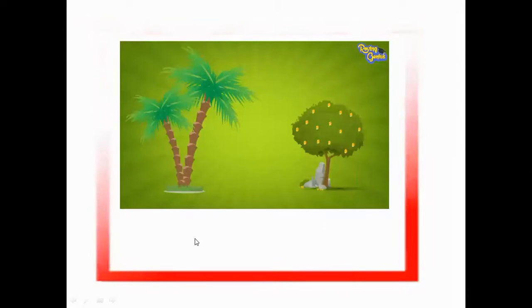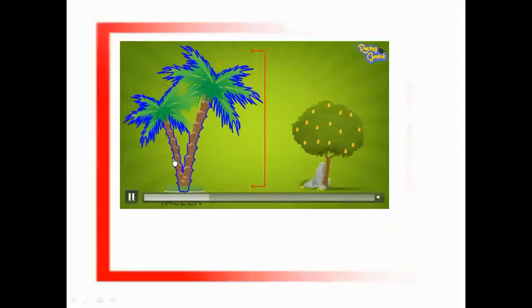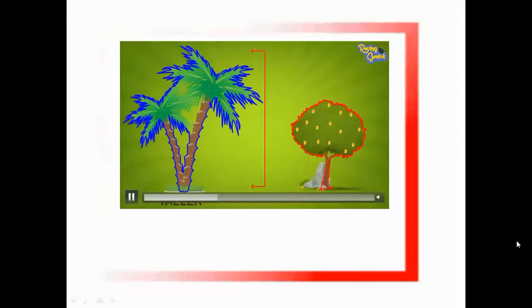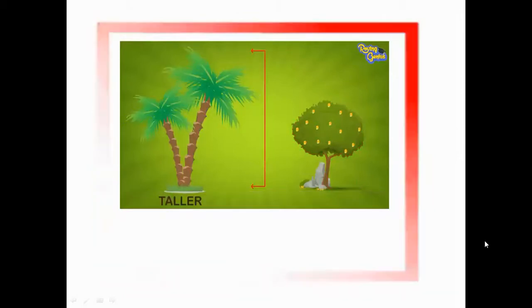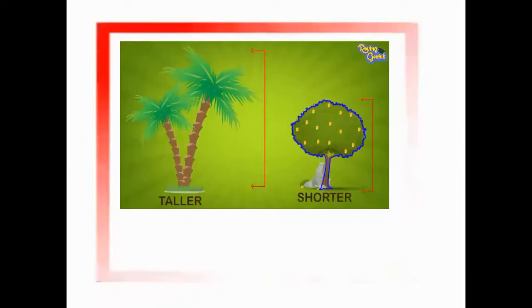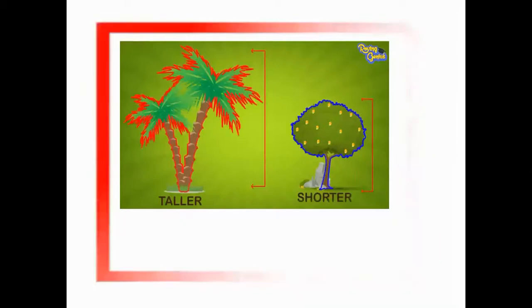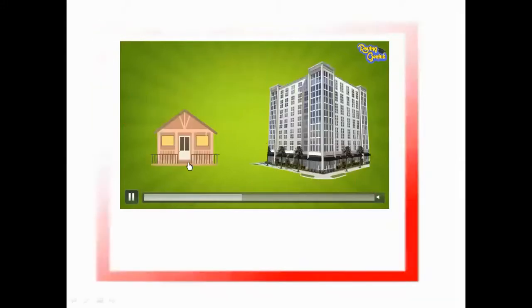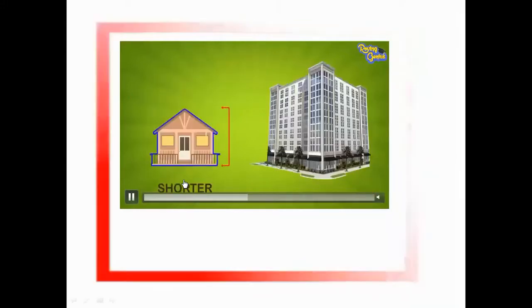Now let's see, look here, the coconut tree is taller than the mango tree. Or you can say that the mango tree is shorter than the coconut tree because its height is less than the other one. Now let's talk about this picture.